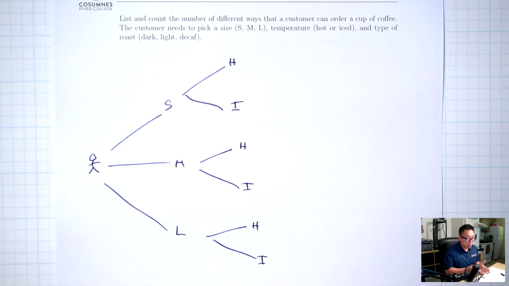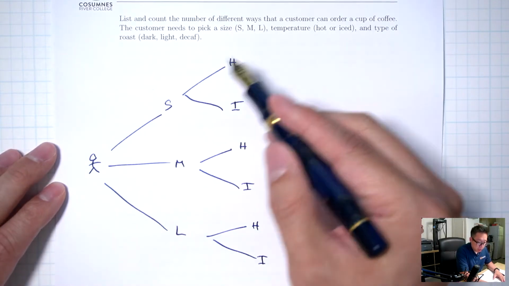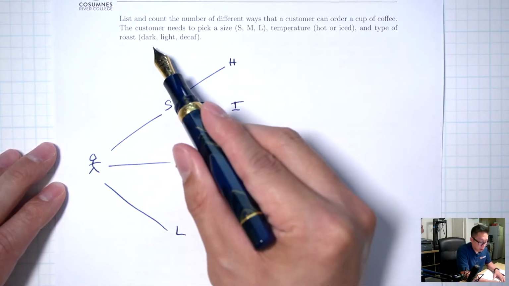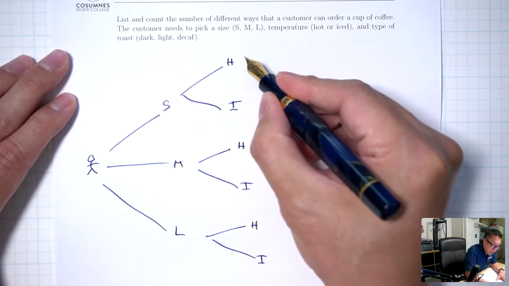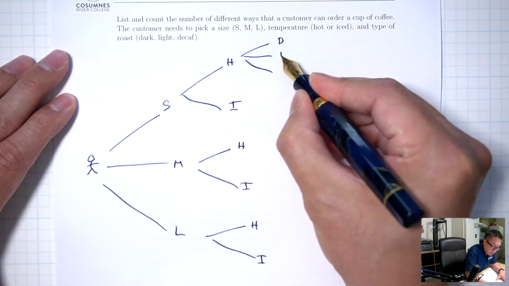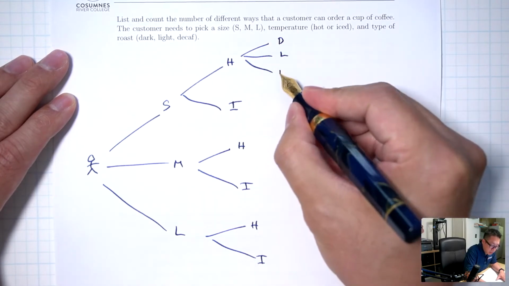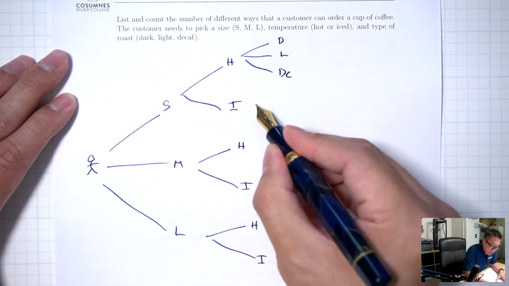Now, what happens after they pick the temperature? After they pick a temperature, they have to pick a roast, and they have an option of dark, light, or decaf. So from each of these temperatures, they have three options. Dark, light, decaf, I'll call DE. Okay. From this temperature of iced, they have three options.